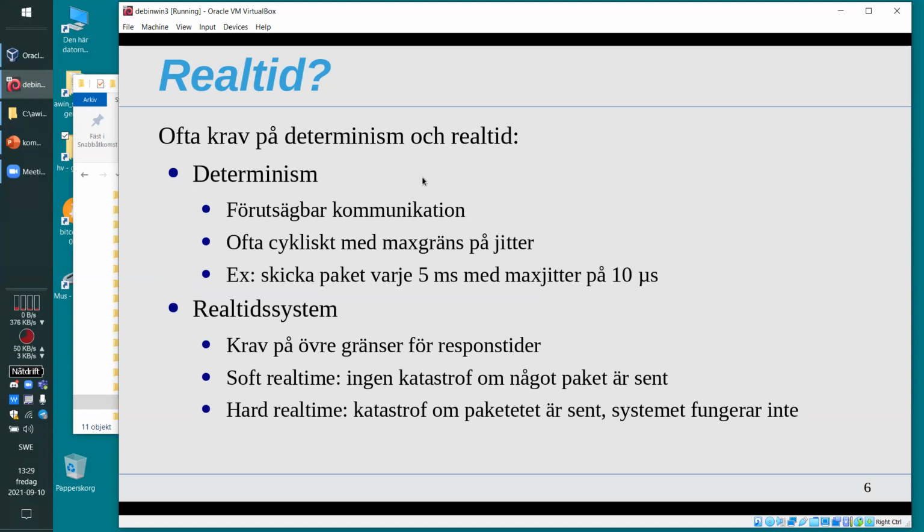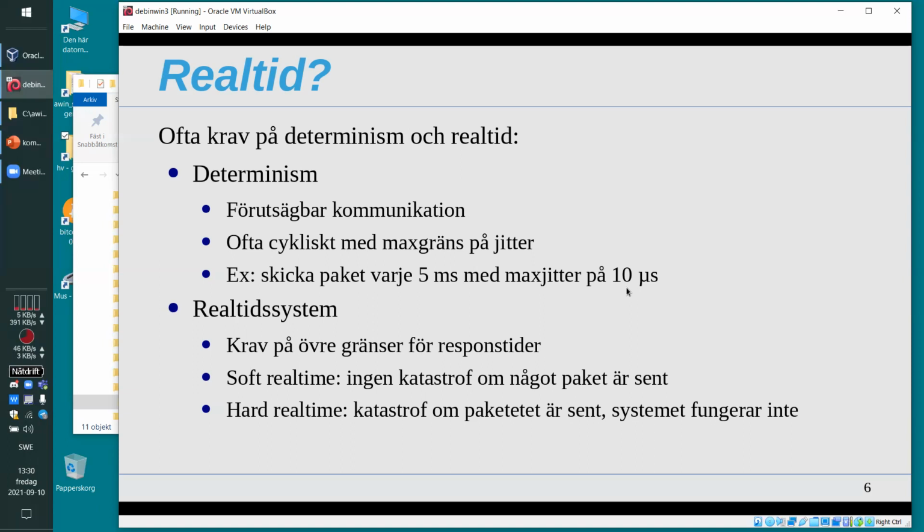Yes, so there are very often requirements of determinism or real time, and they are a little bit different. They are related, but determinism means that you have predictable communication. In many systems communication is cyclical. So for example you send a packet every 5 milliseconds, and you state that the variation in receive time shouldn't be more than 10 microseconds.